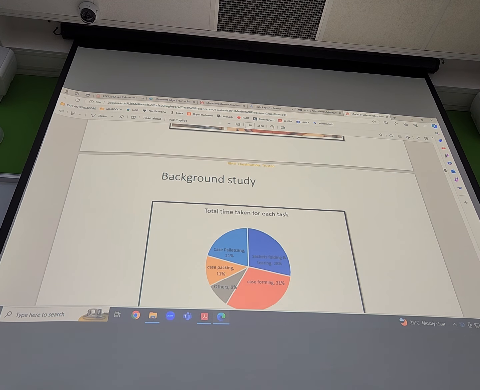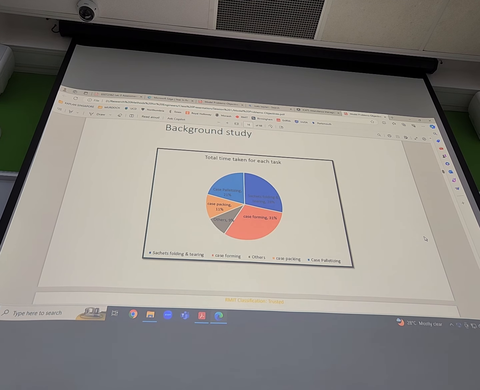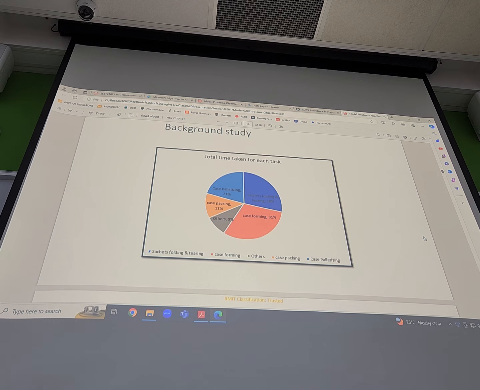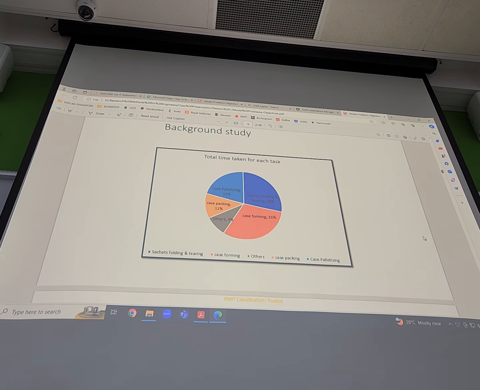So a bit of analysis on the current background. The time taken for each task is identified. By doing such an analysis, you are quantifying the different time taken for different tasks, and you can define your objectives more effectively.